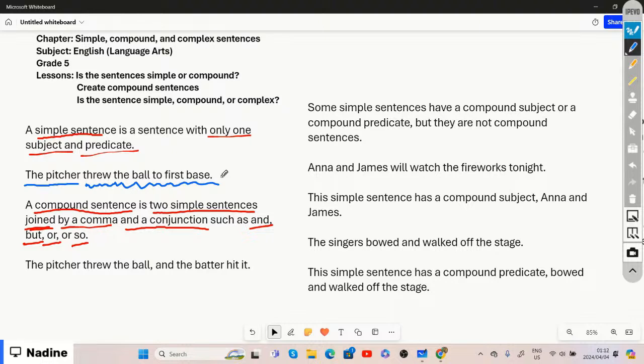Now they're saying a compound sentence consists of two simple sentences, which means that we are now going to have two subjects and two predicates within the specific sentence, right?